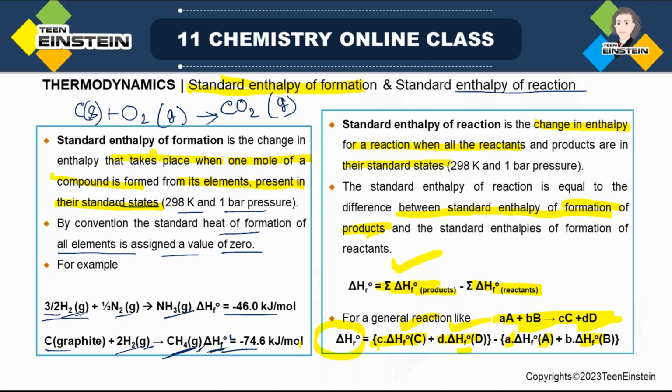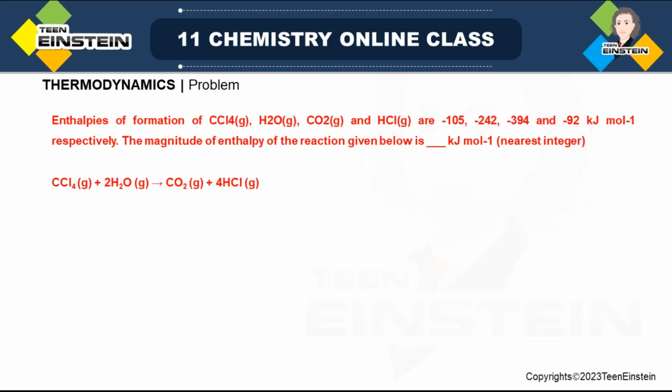But it may vary: the product side may have more than 2 substances or fewer, and also the reactant side. Once we solve a problem, you will get more clarity. Here the enthalpy of formation values for 4 compounds are given. What are the 4 compounds? Here we have CCl4, for which the value given is minus 105.